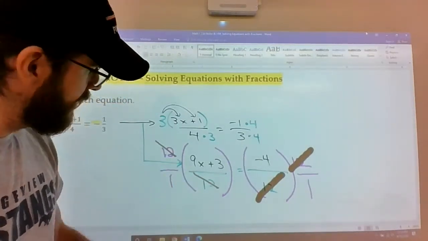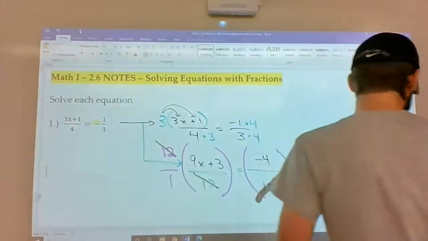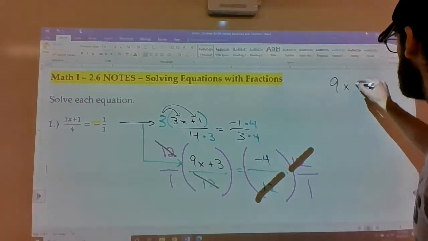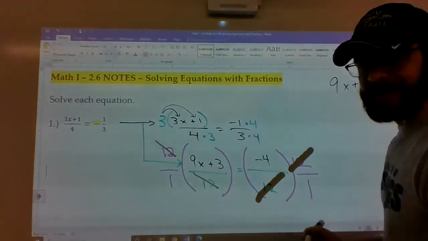So what are we left with? We're left with 9x plus 3 equals negative 4.